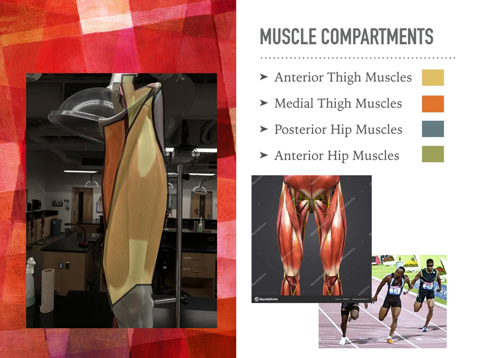In this diagram, you can see that there are 4 muscle compartments, the largest of which occupies the anterior part of the thigh. We'll be looking at the other compartments you see there in some other presentations.